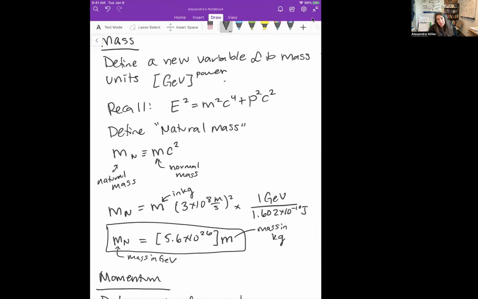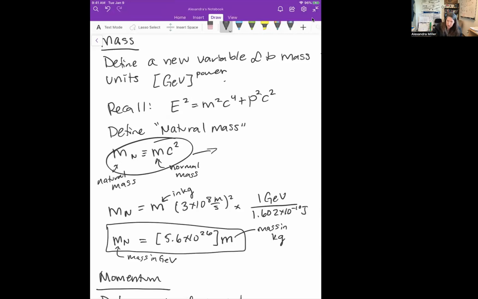And then at the end of the day, you can restore the constants of nature into your equations if you want to, either by doing dimensional analysis or by going back to the definitions I have here of natural mass, and then replacing all of the natural variables back with the regular variables.